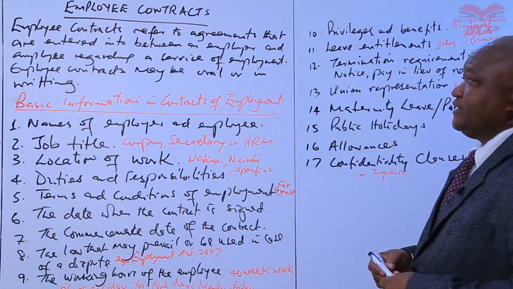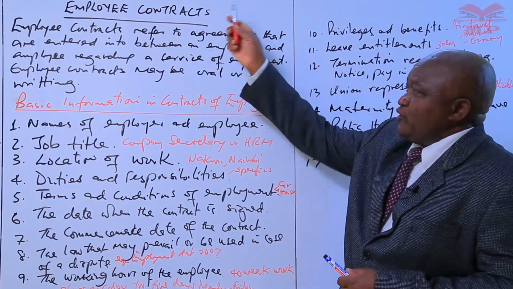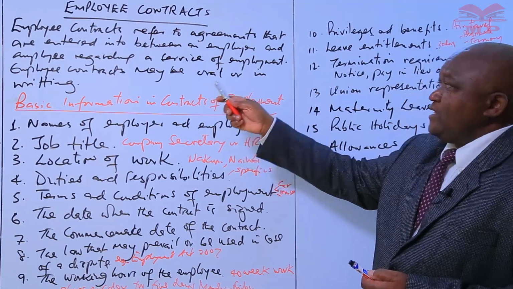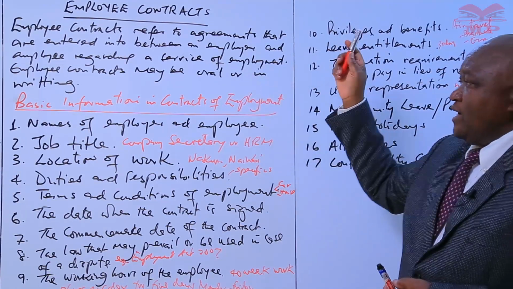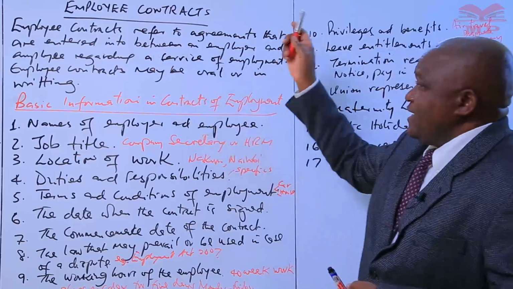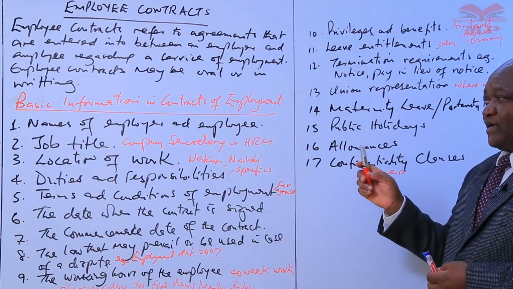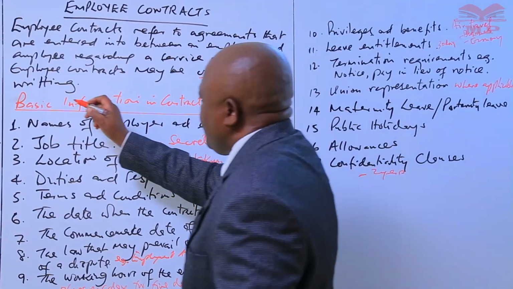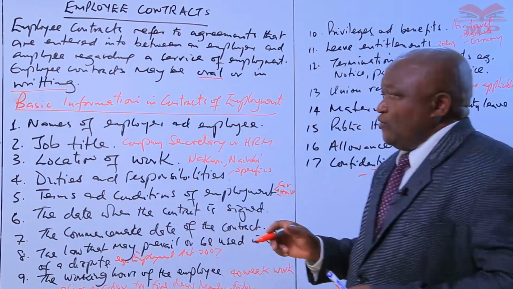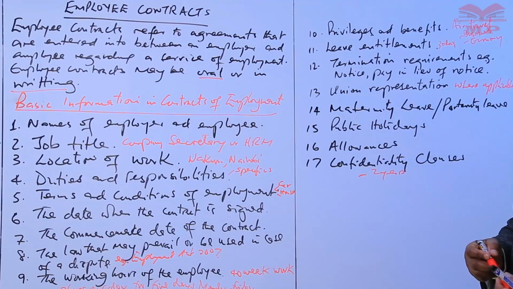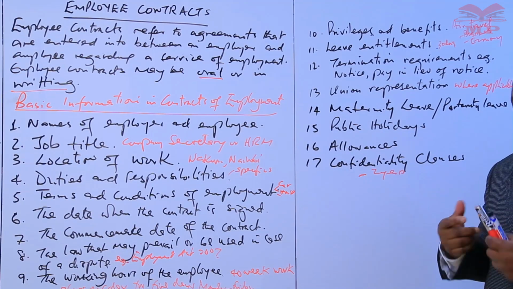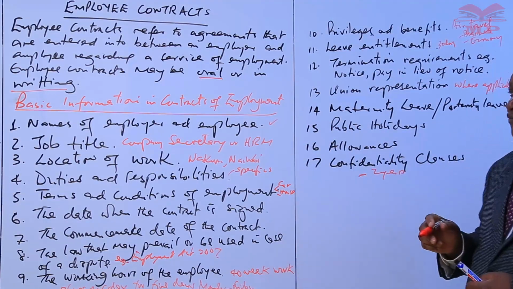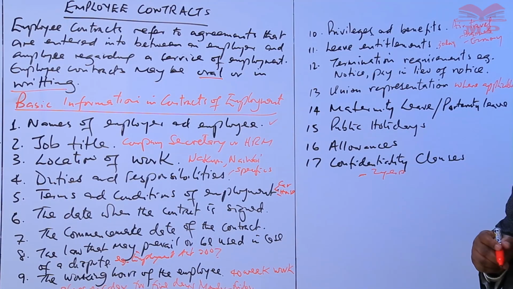We have indicated that employee contracts refer to the agreements that are entered into between an employer and an employee regarding a service of employment, and these employment contracts can be oral or can be in writing. Now, what are some of the basic aspects that should be covered in a contract of employment? So one, we have indicated names of employer and employee is important.